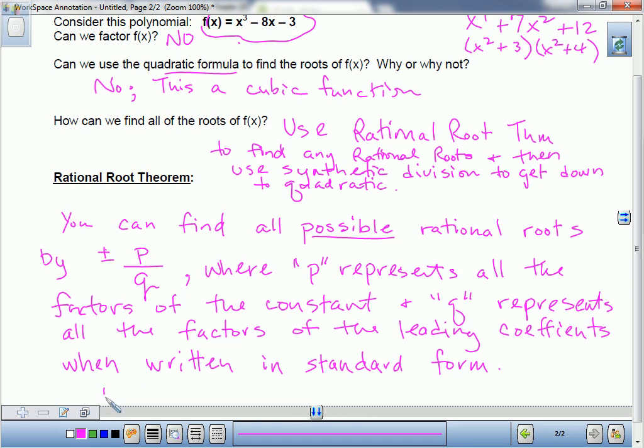In this problem, P represents all the factors of 3. Well, that's a really nice problem because what are the factors of 3? The only way to get 3 is 1 times 3. That's the only way to get 3. It's prime.